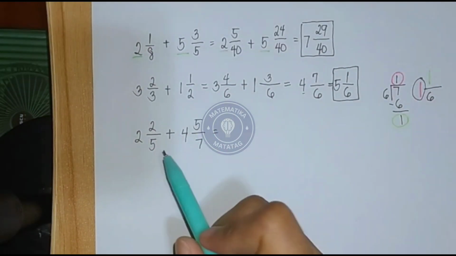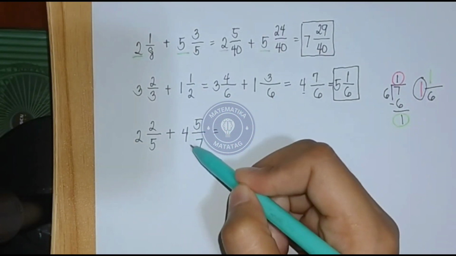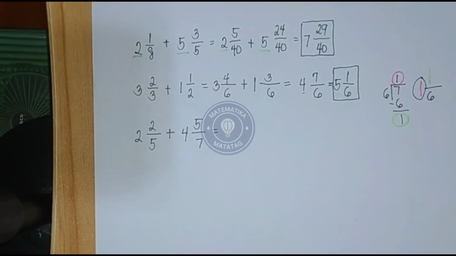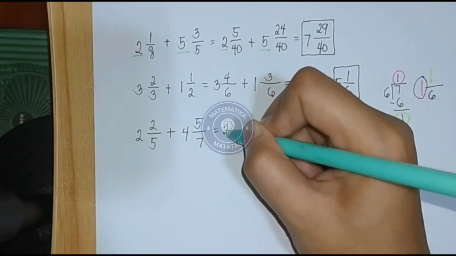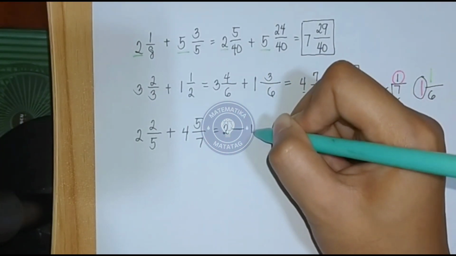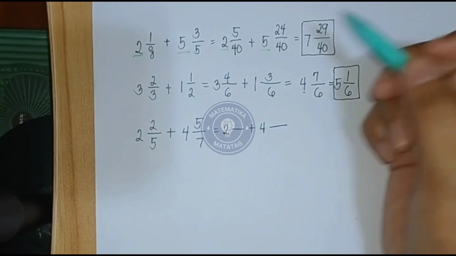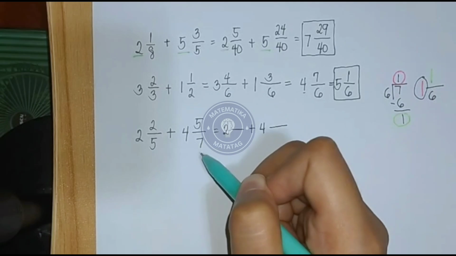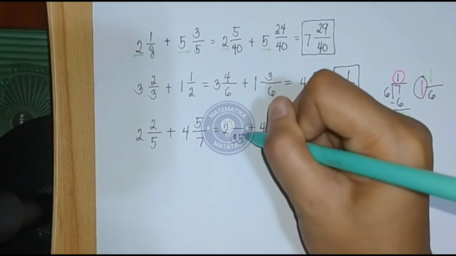Our last example, 2 and 2/5 plus 4 and 5 over 7. So copy our whole numbers, plus 4, fraction bar. And our LCD of 5 and 7 is 35.